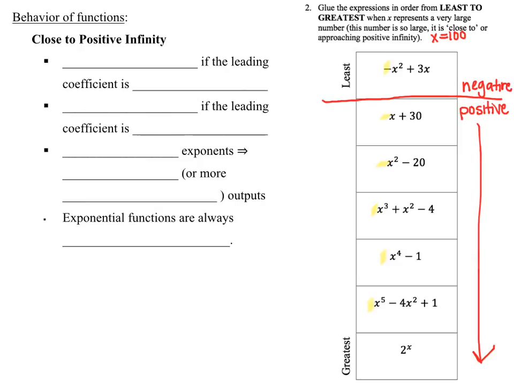So if I have x's with whole number exponents that are added together, so I don't have any decimal exponents and the x isn't in the exponent, if my leading coefficient is positive, my y values are going to be positive.